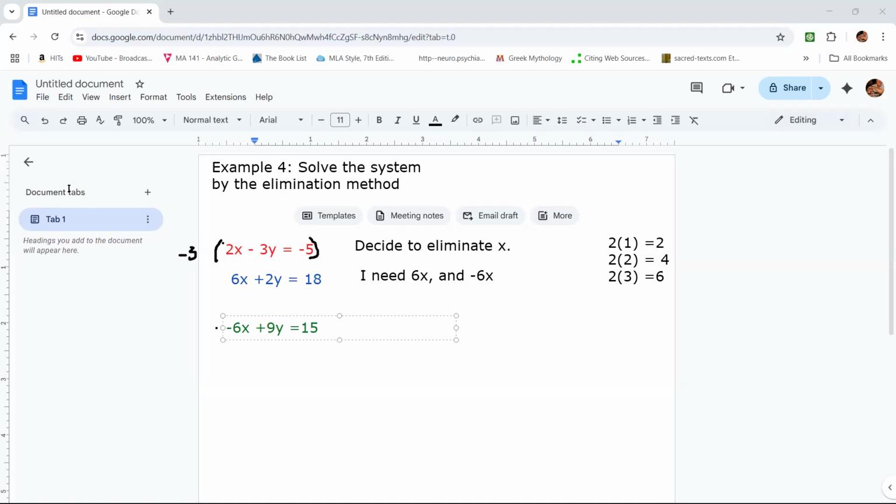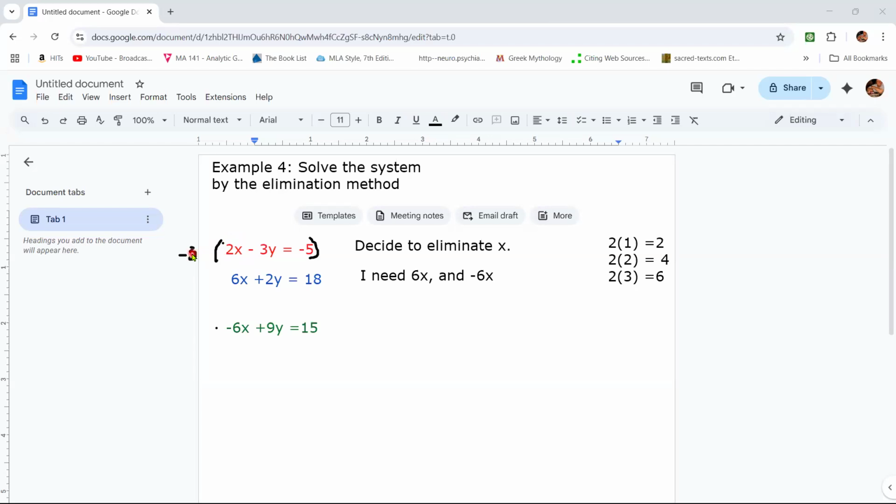So this red equation here we started with, we want to eliminate x from the system, the red and the blue. I need a -6x where this -2x is.